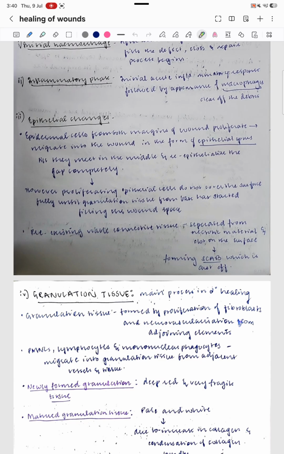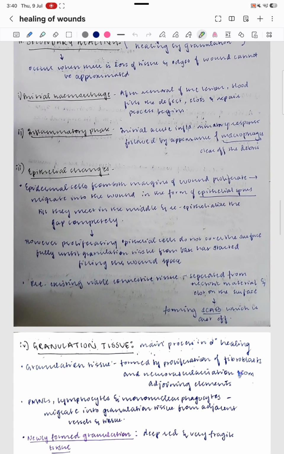Okay, so first your boundary is not approximated in secondary healing. It is the same way as how the primary healing was occurring, here also you have hemorrhage, you have the lesion, you have the blood filling the lesion, you have repair process, you have macrophages, you have cells of the dermis, and then you have your epithelial spurs.